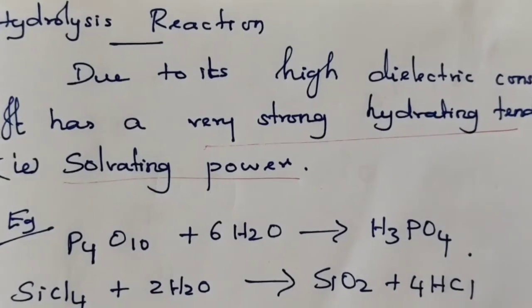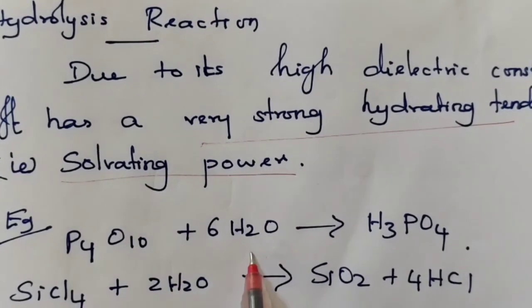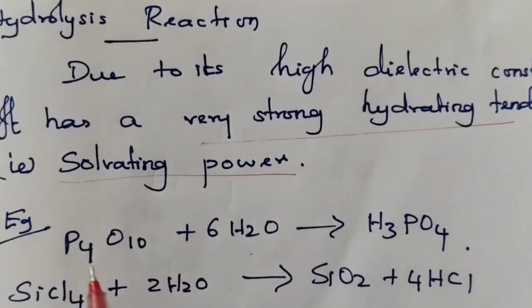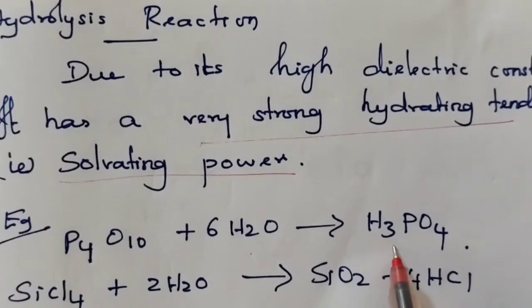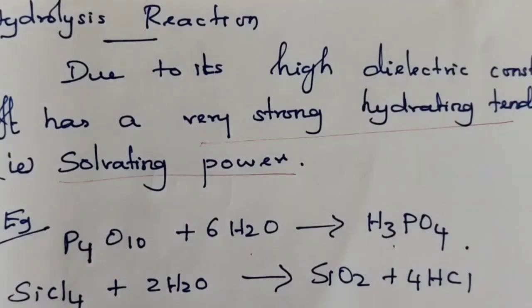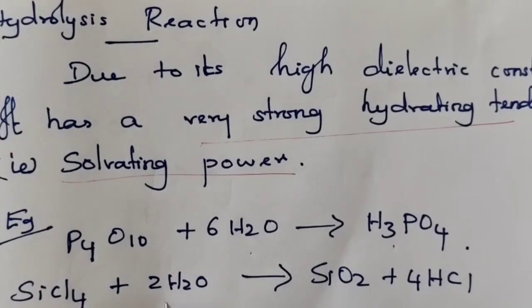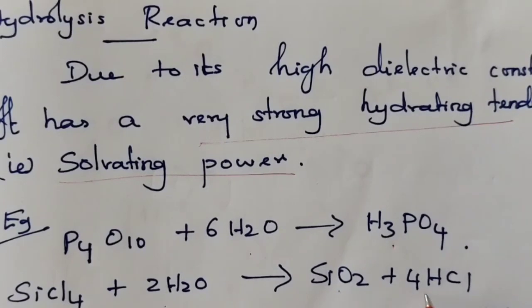For example, when P4O10 reacts with water, it converts into phosphoric acid, H3PO4. Similarly, when SiCl4 is dissolved in water, we get SiO2 plus 4 HCl. That is all about the chemical properties of water.